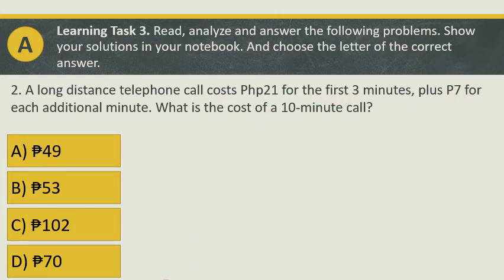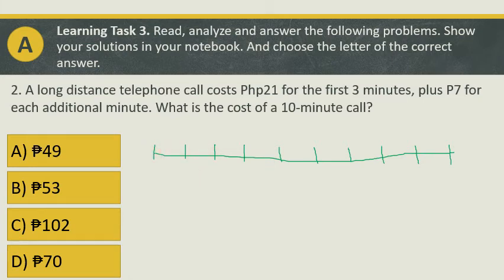So, illustrate natin siya. Ayan. So, pwede tayo gumamit ng number line. So, guguhitan ko siya ng 10 kasi yun yung 10 minutes. Kasi nakagito 10 minutes daw yung kabuuang tawag. Okay, so ito po yung ating kada isang minuto. So, yung ito daw first 3 minutes, yung 1, 2, 3.